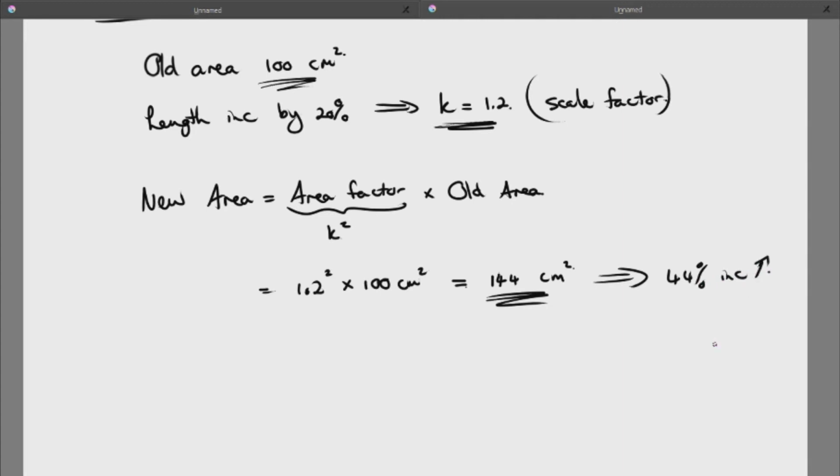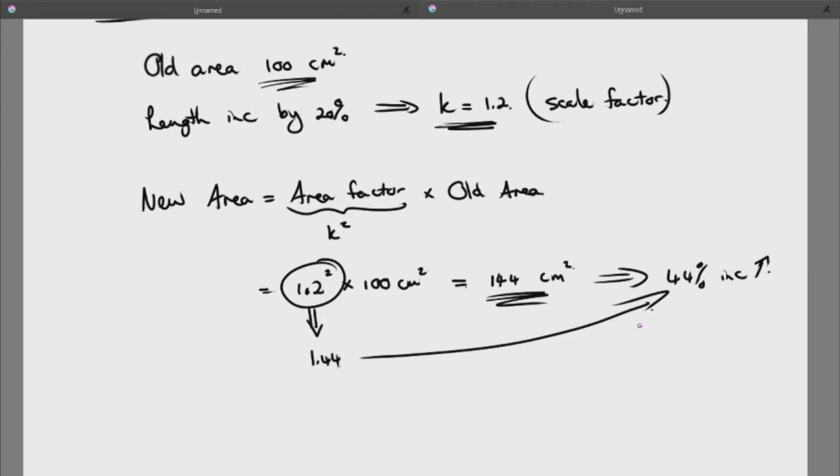But notice we don't have to answer that question by looking at the new area versus the old area. It's in here. The scale factor squared is 1.44. That immediately tells me 44 above the base 1, 44% increase.